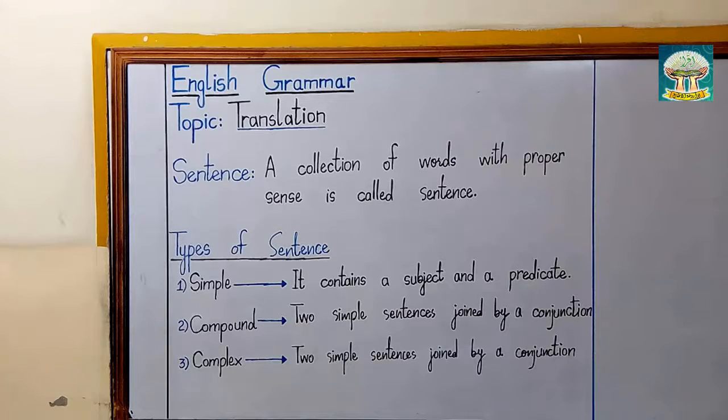So 2 simple sentences joined by a conjunction means 2 individual simple sentences, each with a subject and a predicate. When these 2 simple sentences are joined by a conjunction, it is called a compound or a complex sentence. If 2 simple sentences joined by a conjunction can be called both compound and complex, then what is the difference between these 2? Let's take a look.